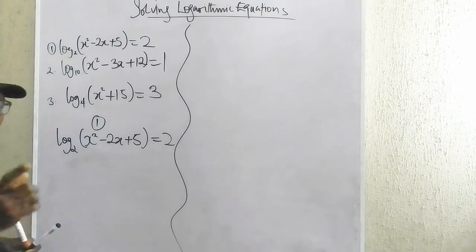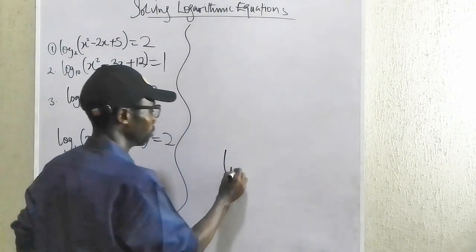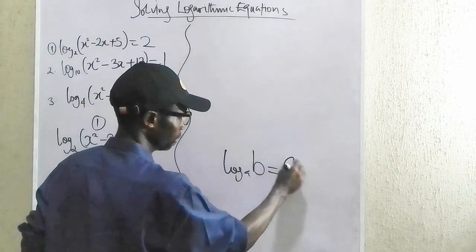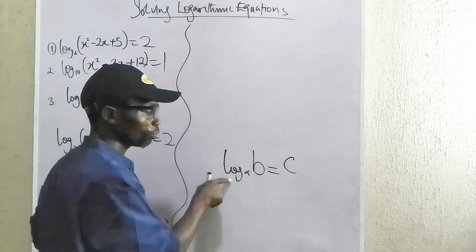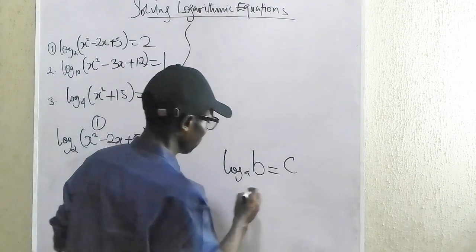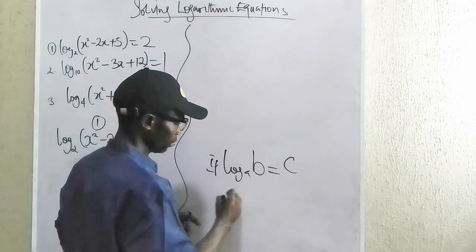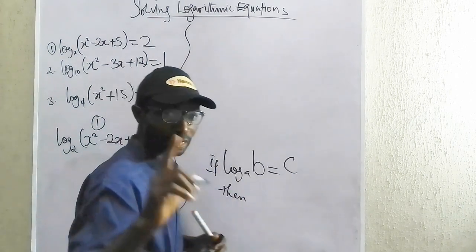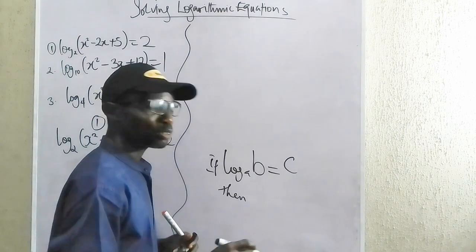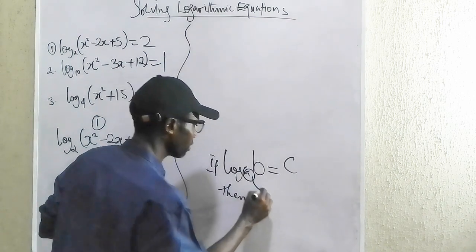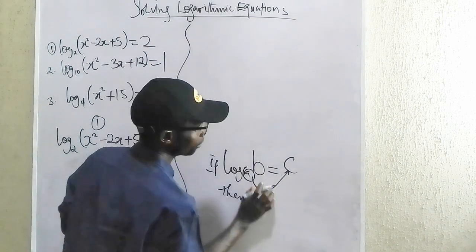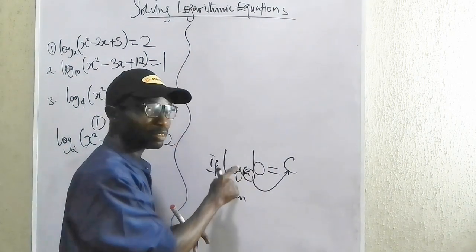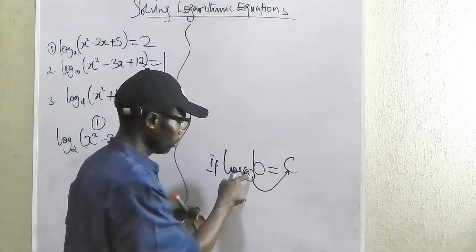So let's see. Now remember from the log, we have log of B to base A is equal to, let's say, C. It means that if I'm to remove this log, the law states that the log of a number to a particular base is, by definition, the number of times the base will be raised to give that number.